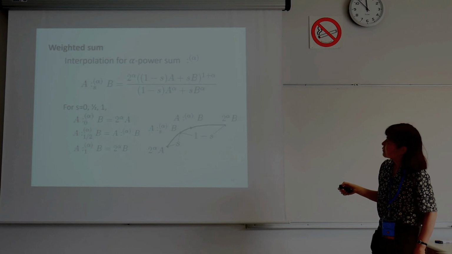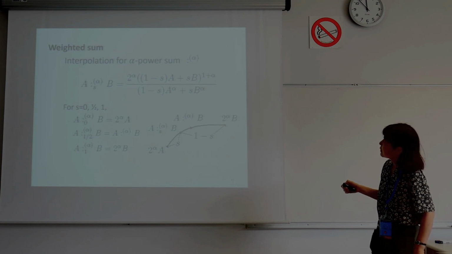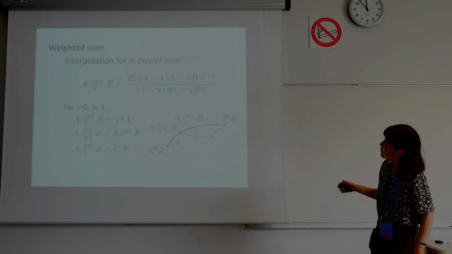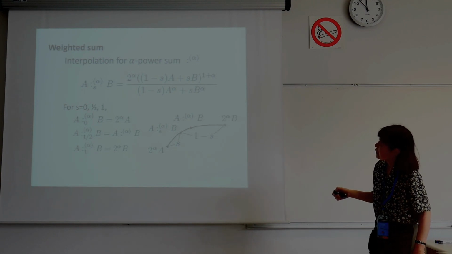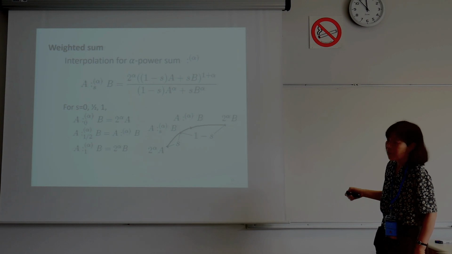About the weighted sum, the interpolation is like this. 1 minus s is used here and here, and added to alpha in this. For s equal to 0, half, or 1, this equation holds.